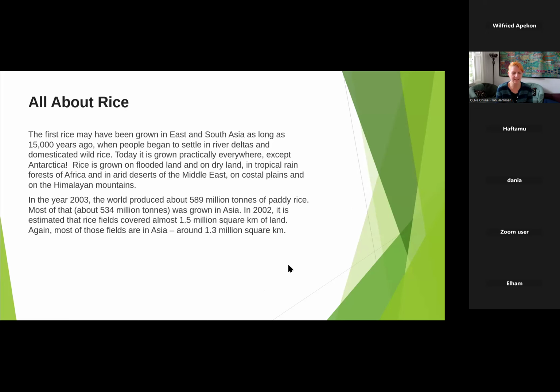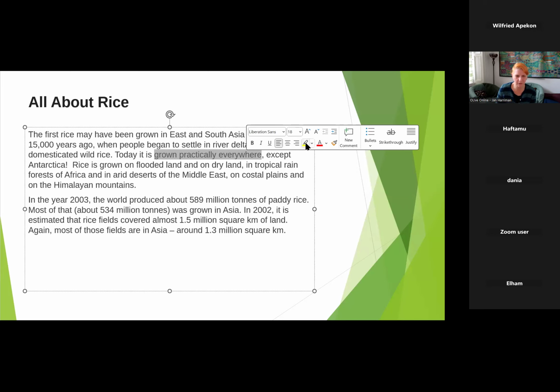There are two words that indicate the answer to the first question. Can you find them? If you can, type them in the chat. Here's our, okay, we could say three words.